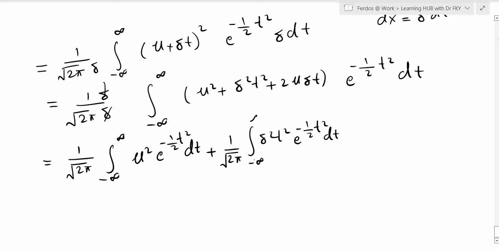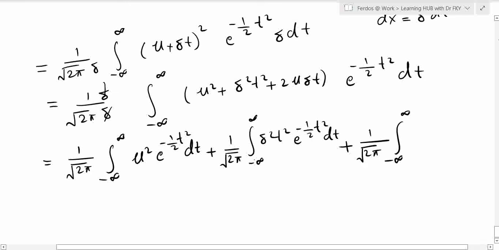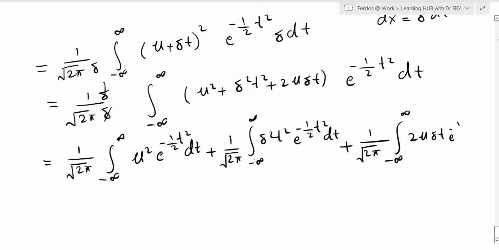Remember the range is this, plus 1 divided by root 2 pi, minus infinity to infinity 2 mu sigma t e power minus 1 divided by 2 t square dt. So I wrote these three terms because one is with mu square, the other is sigma square t square, and the third one is 2 mu sigma t. Now we need to solve each of these terms.